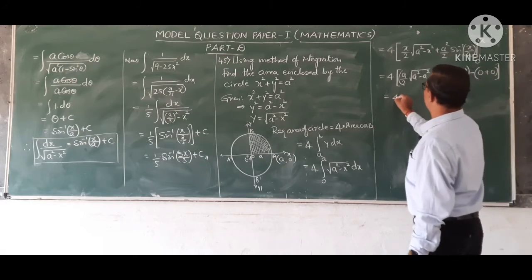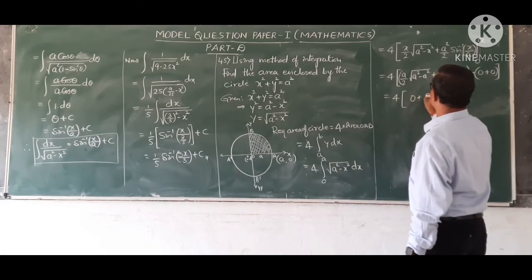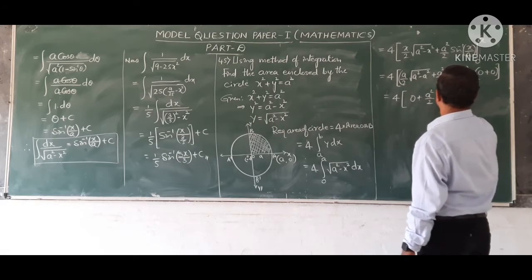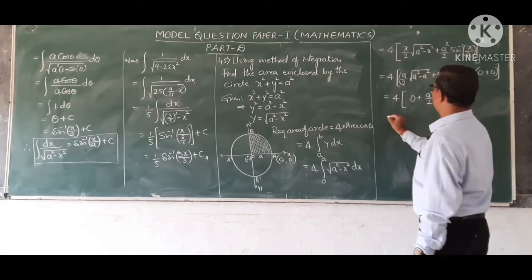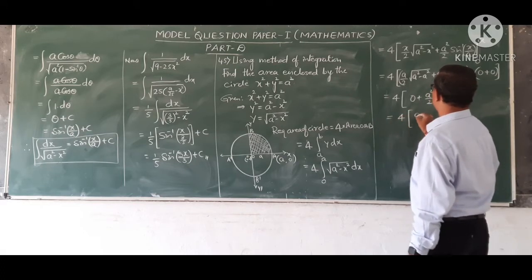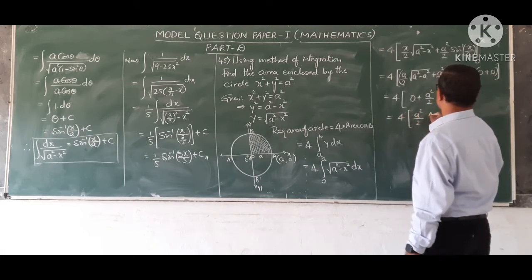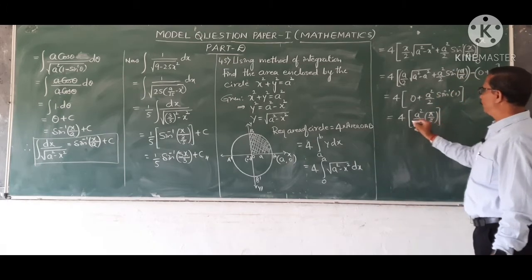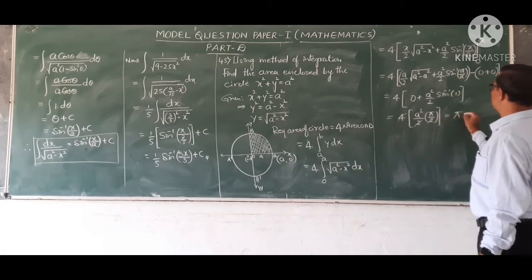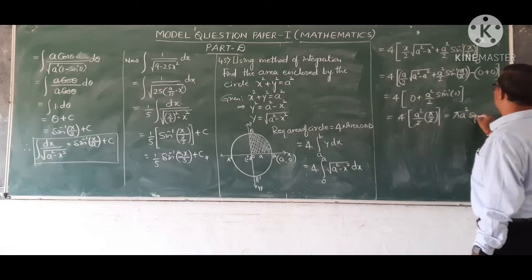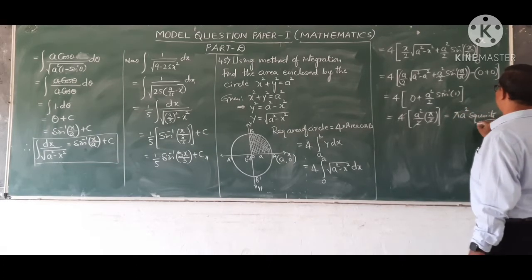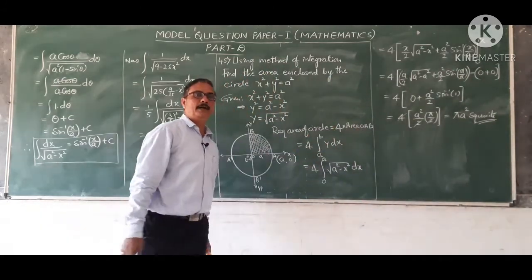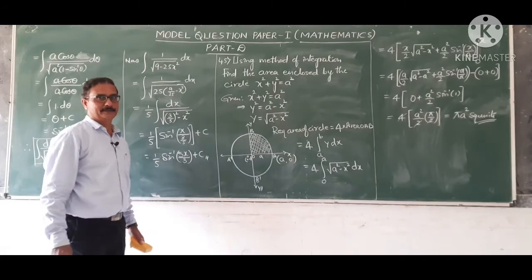So that is 4 times, this is 0 plus a square by 2 sine inverse of 1. That is 4 times a square by 2 sine inverse of 1, whose value is 90 degrees. 2 into 2, 4 gets cancelled. That is pi a square, measured in square units. So area of circle using integration, its value is pi a square. Remember, okay.